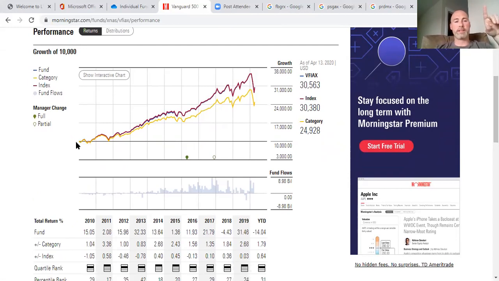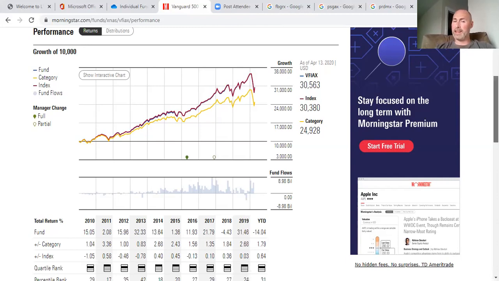And how this $10,000 would grow over 10 years, basically. So if you invested in this mutual fund $10,000, what this would show you is at the end of 10 years, if you don't add anything to it, it would have grown to about $30,000, okay? That's what that line graph means right there.